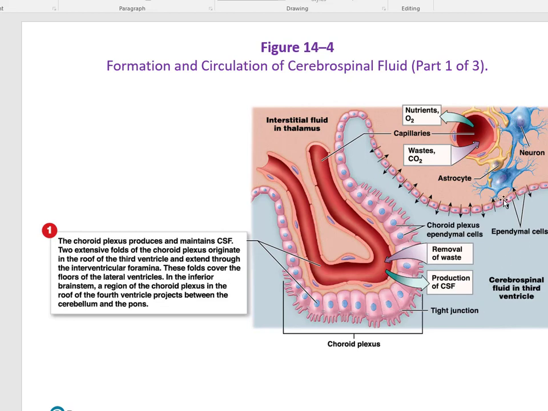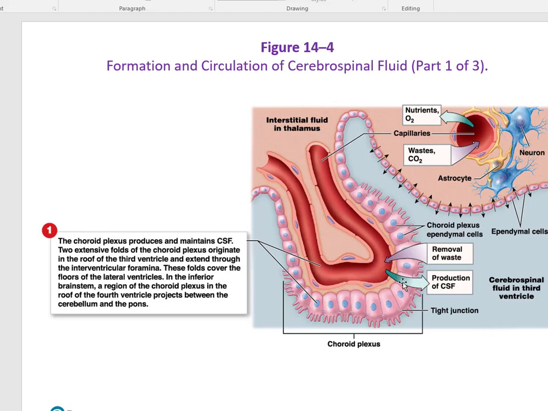But we also see our epidermal cells here, which are secreting our cerebral spinal fluid. So here would be our blood flow. We could selectively decide what comes in and what comes out at this choroid plexus. And you can see we have some increased surface area here at the choroid plexus. So we can bring things into the brain or remove things.